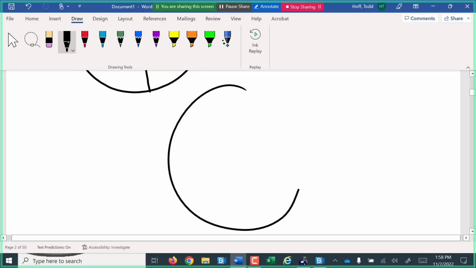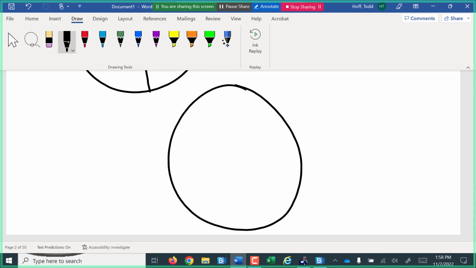So the next big rule, it's actually like 3 big rules all combined into one, is if I have a chord and then either the radius of a circle or a diameter of a circle, it really doesn't matter which.